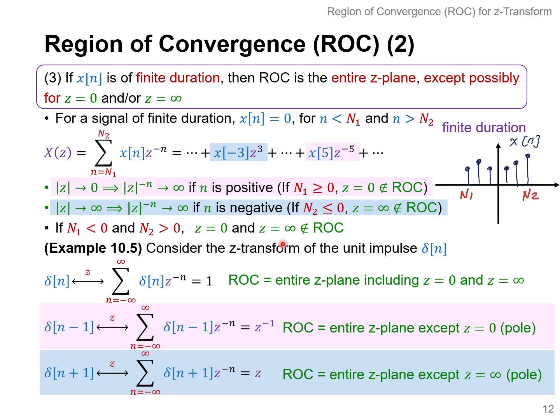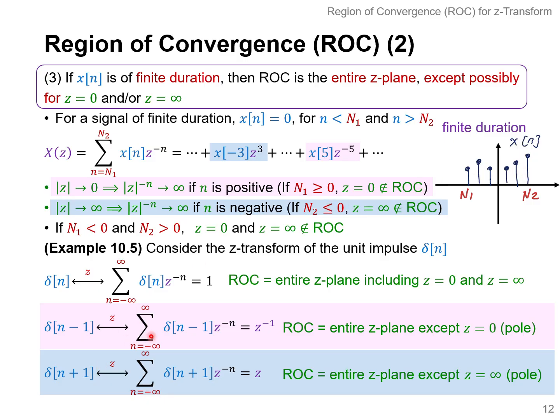So let's look at the unit impulse as an example. For delta[n], the z-transform is just a constant. So the ROC is the entire z-plane, including z = 0 and infinity. For delta[n-1], the z-transform shifts by 1 step. So it's the case when n1 is positive.